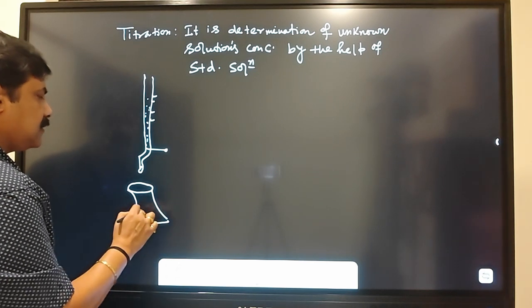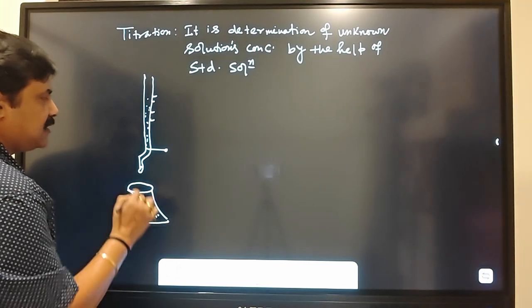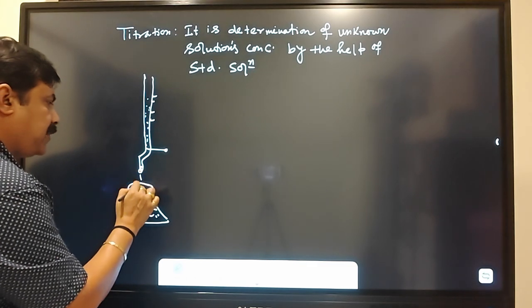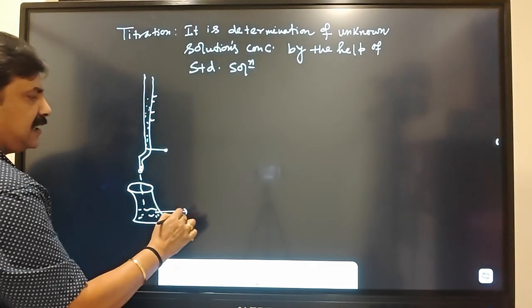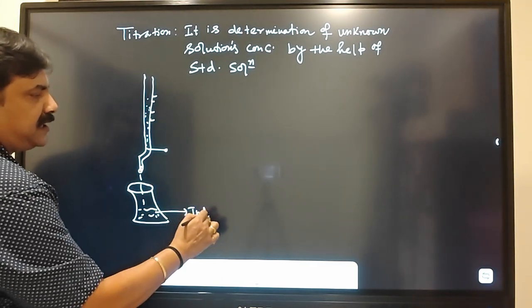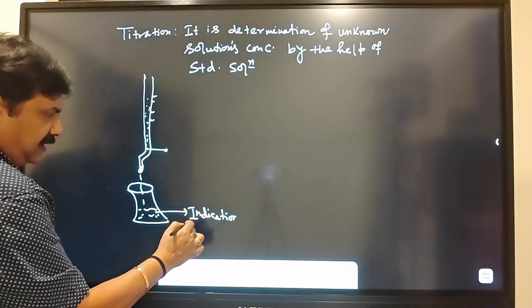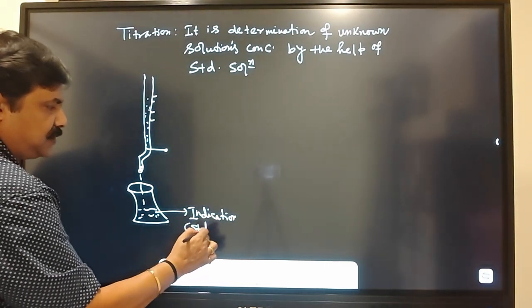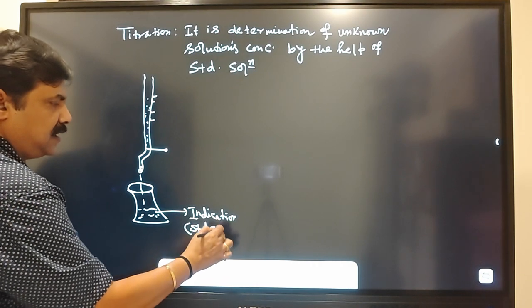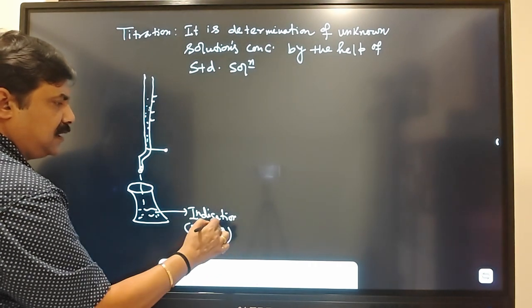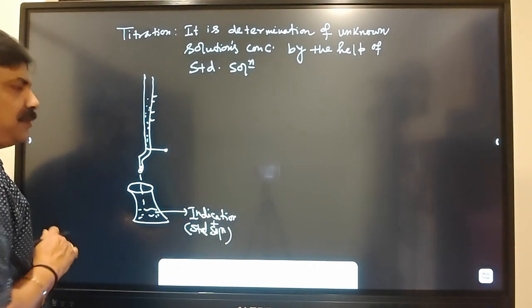Another solution will be there in it, and through the knob, drop by drop you can add it over here. In this flask there will also be an indicator with the solution. Generally here we will take a standard solution, and the indicator plus the standard solution will be over here.